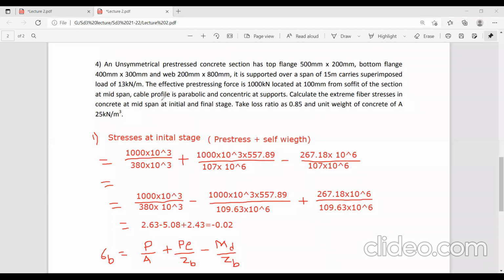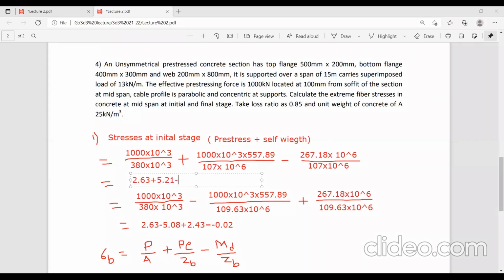This one we have already calculated, the same value, 2.63. Then plus next, 1000 into 10 raised to 3 into 557.89 divided by 107 into 10 raised to the 6. So we will get 5.21.